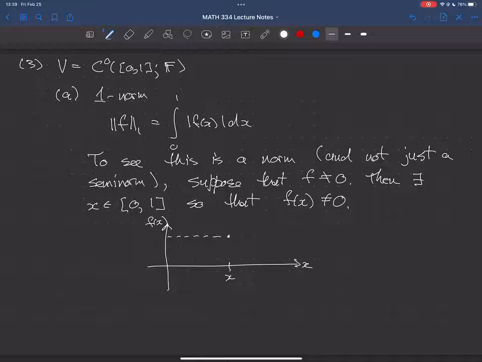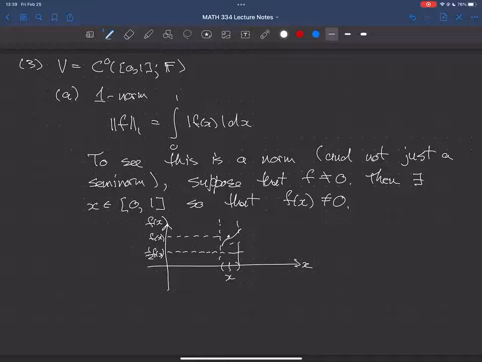Now we're going to use continuity of the function. And so what I know then is that there's going to be some interval around x so that the value of the function exceeds, if this is f of x and this is a half f of x, so that on this interval the graph of the function lies above a half the value of f at x.